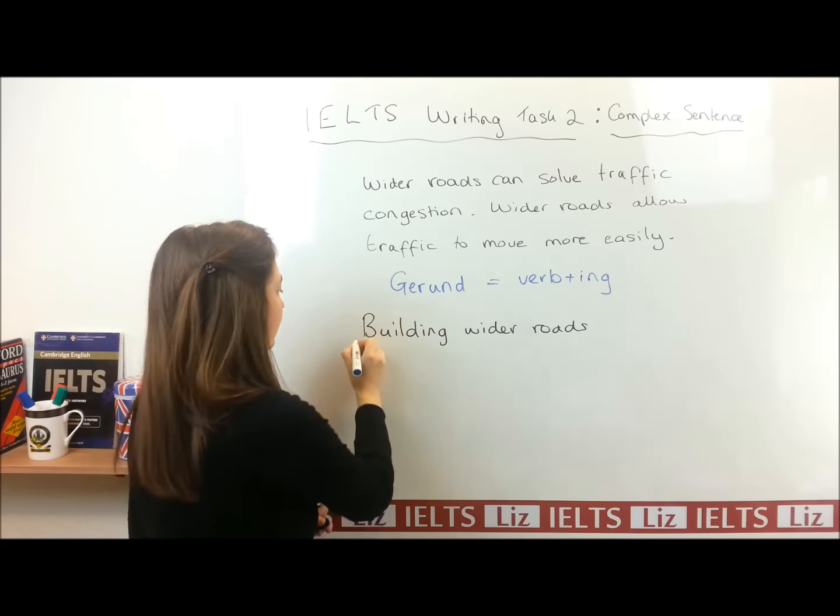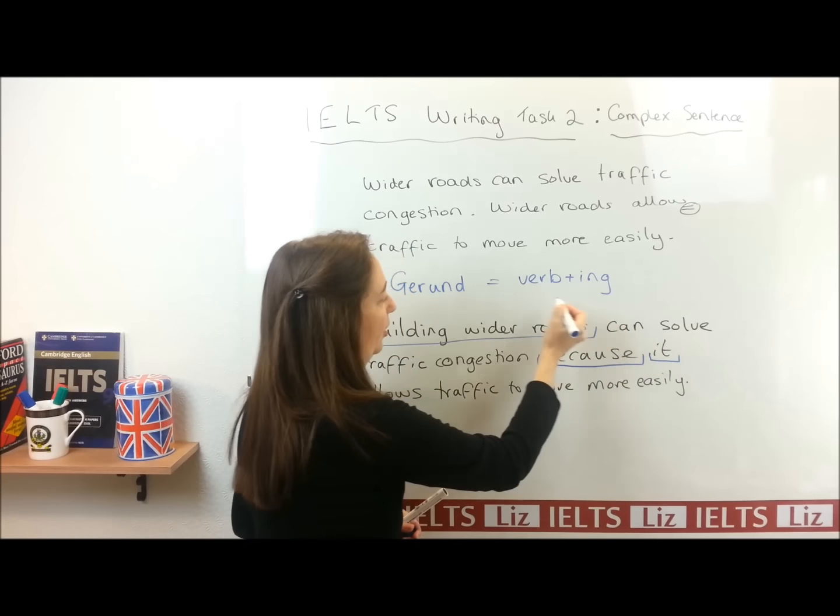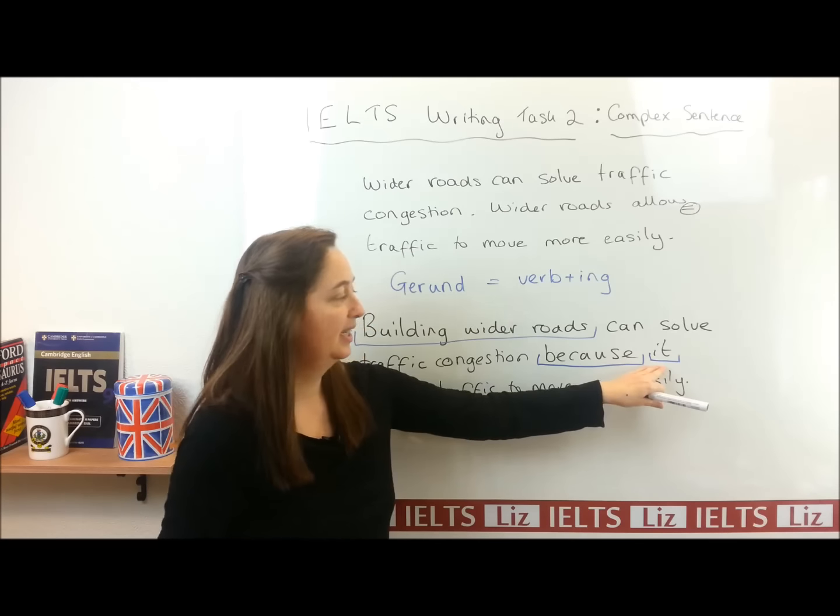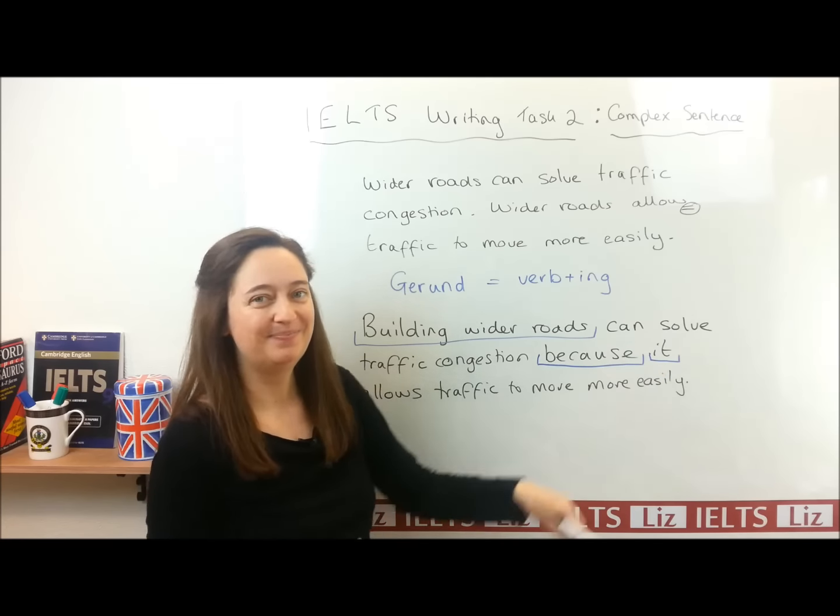So what we've done, we've changed the subject and we've used a verbing, higher band score. We have connected the 2 sentences together using the correct linker, because. We have changed the subject and we are now referring, and we're using the correct one, singular.